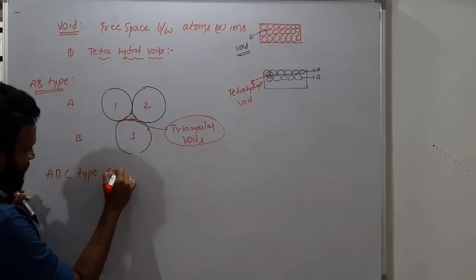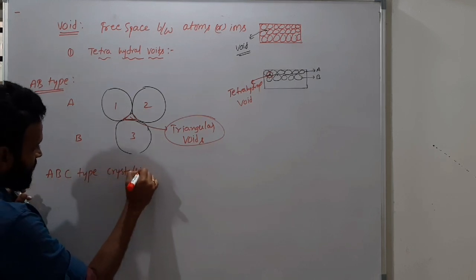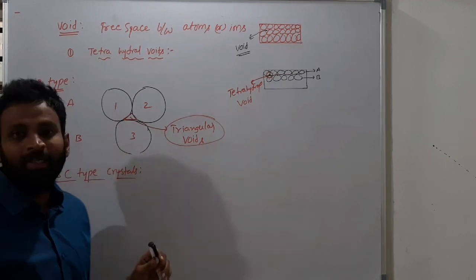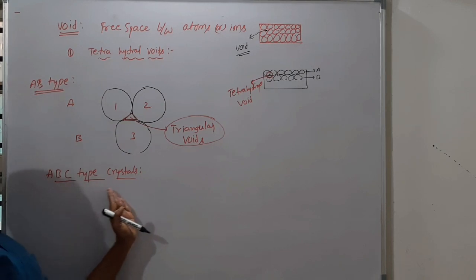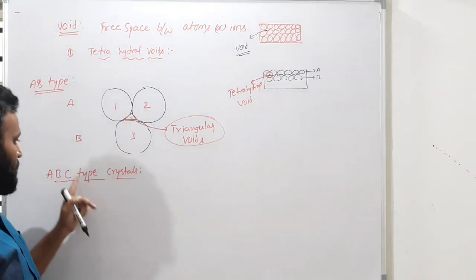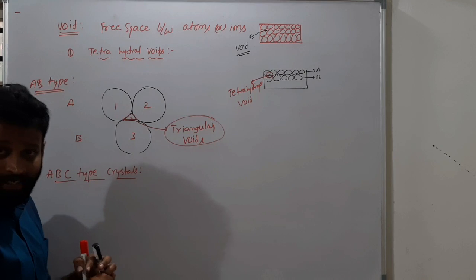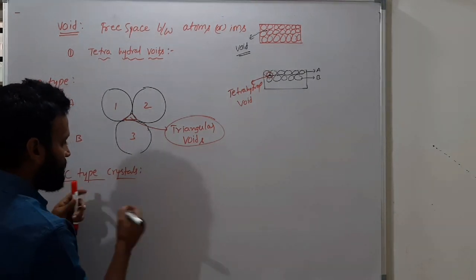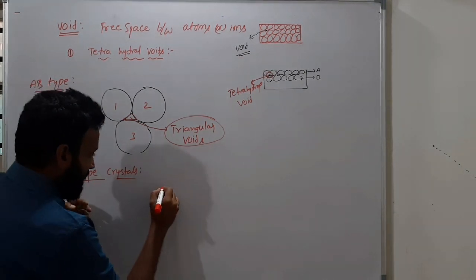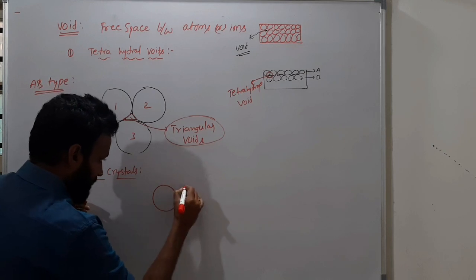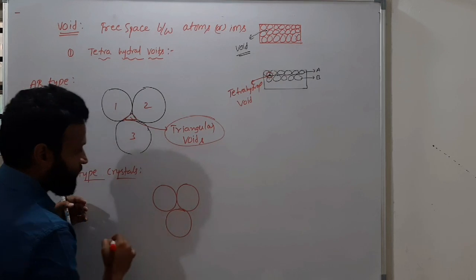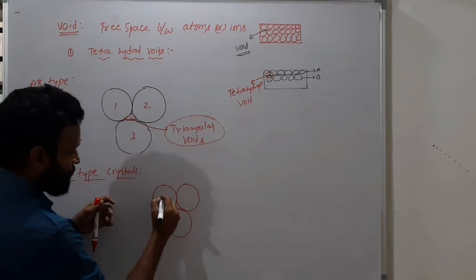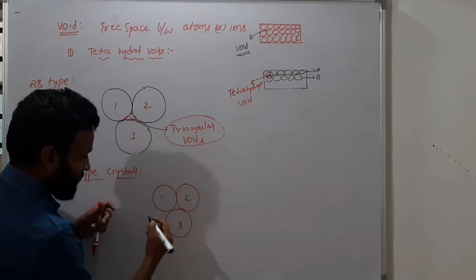In ABC type crystals, which are three-dimensional, mainly cubic lattices exist like this. This ABC type crystal lattice has atoms like this: one atom like this, a second one like this, and a third one like this. So this is 1, this is 2, and this is 3.